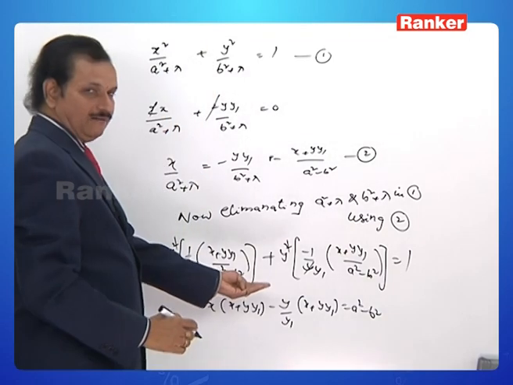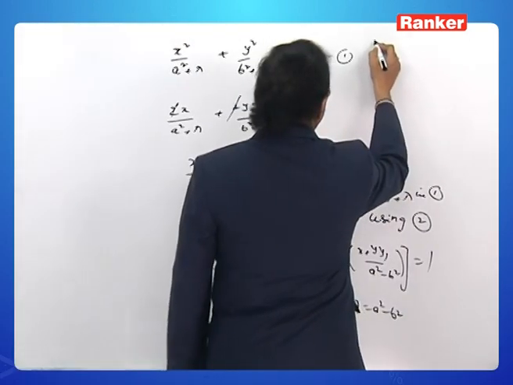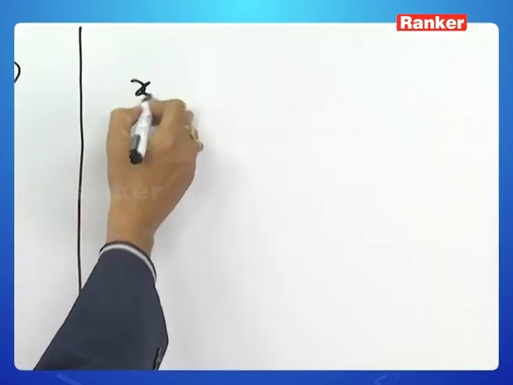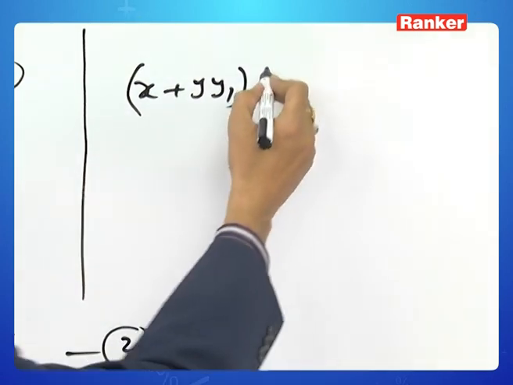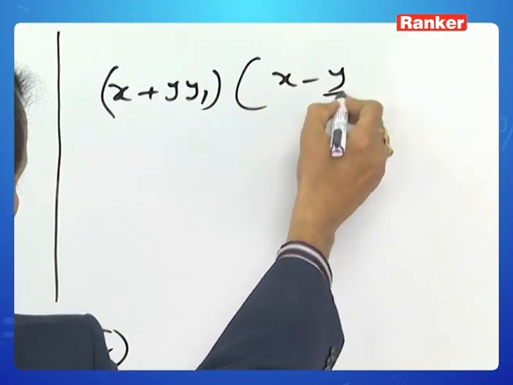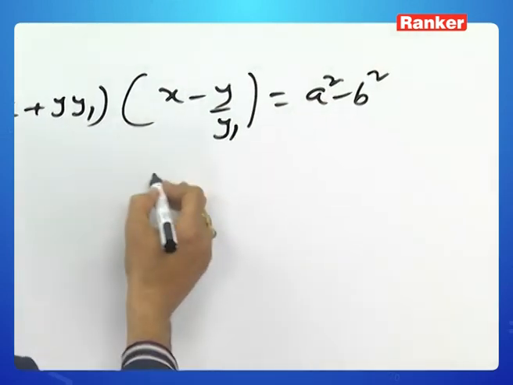Again, we can have x plus y1 as a common factor. x plus y1 into x minus y by y1 is equal to a square minus b square.